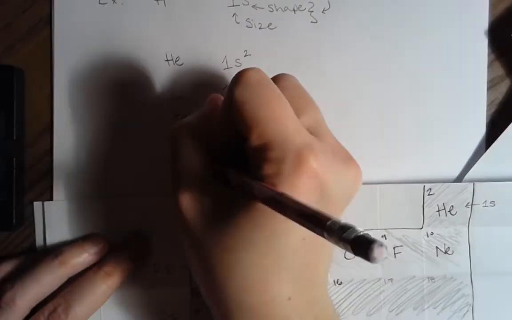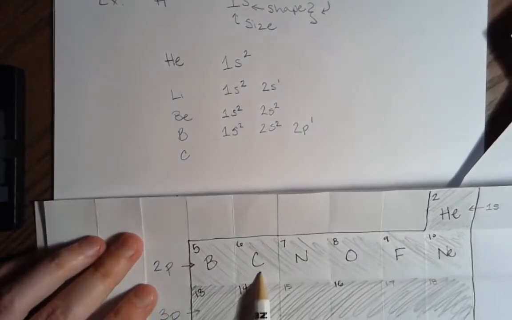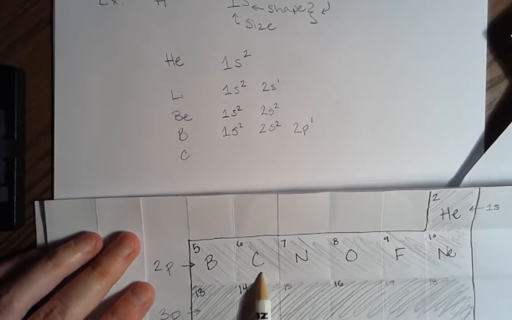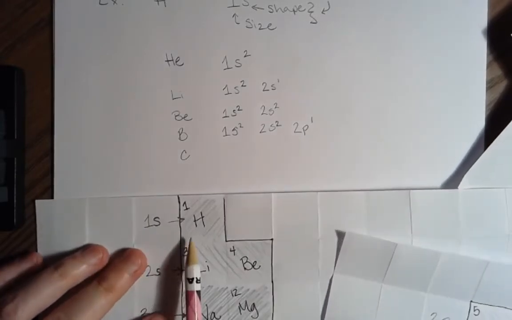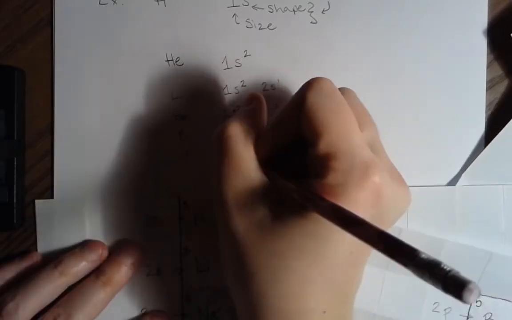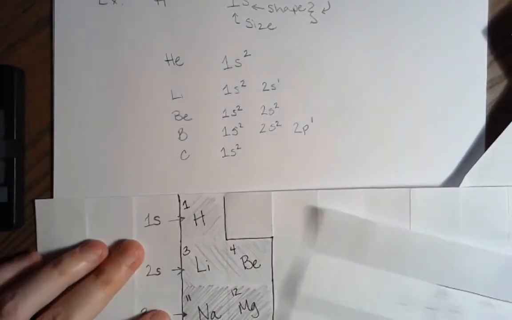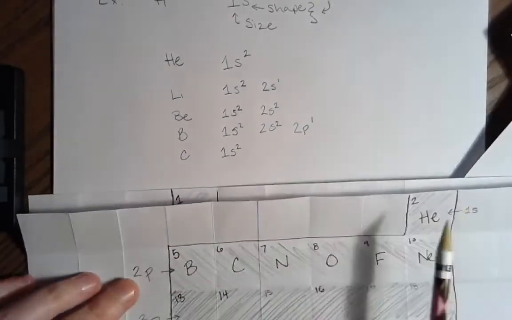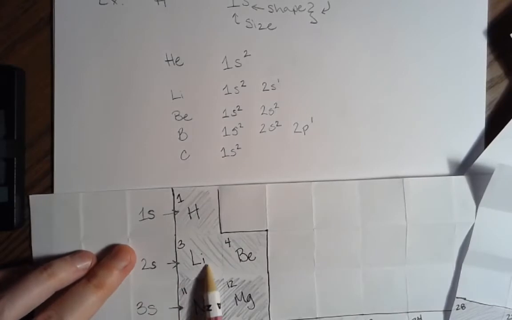Let's try carbon. Carbon has 6 protons, 6 electrons. Start from the top. We're going to write out that core every time until I teach you core notation. Start from the 1s. Carbon's got 6 electrons. We're building up. Okay, so carbon's 1s is full. We've got 2 electrons in our 1s. Just like a typewriter, boop over to the next line.